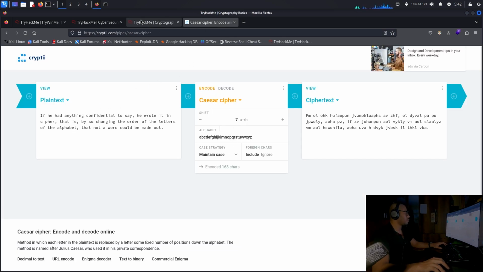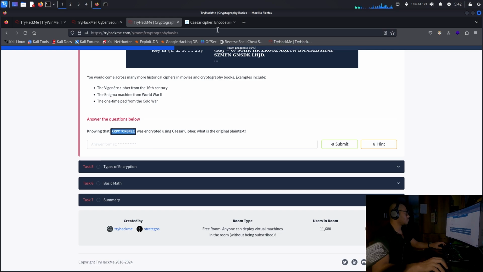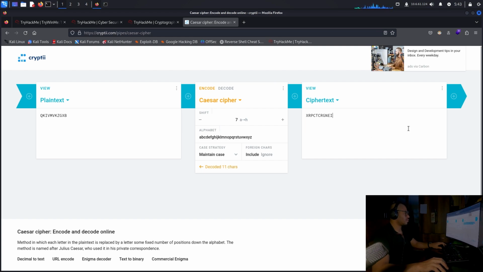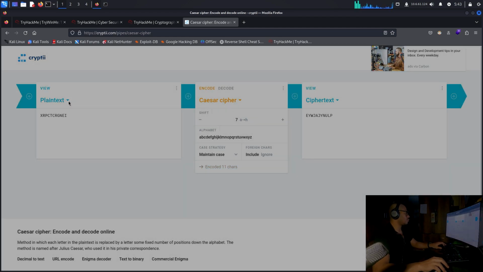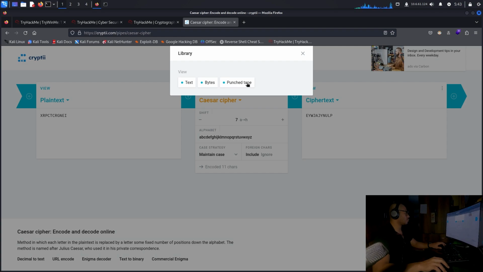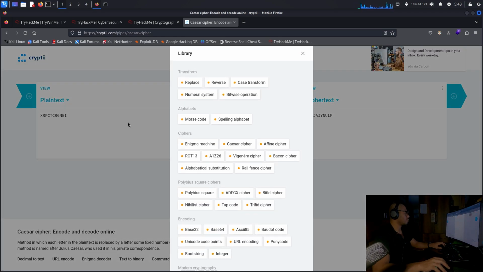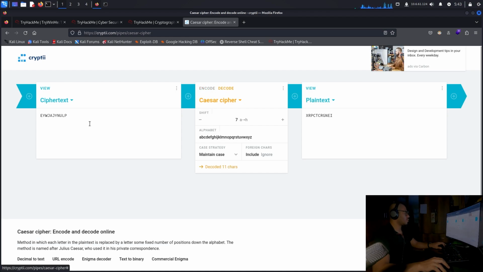Okay, so what if I just go to ciphertext? So this one goes from, what am I even doing here? Decode.